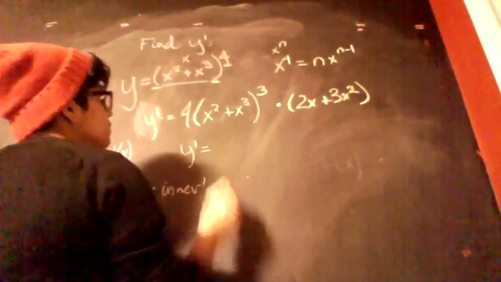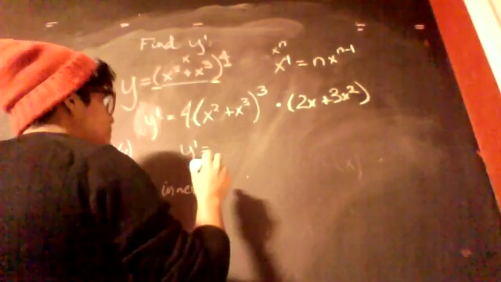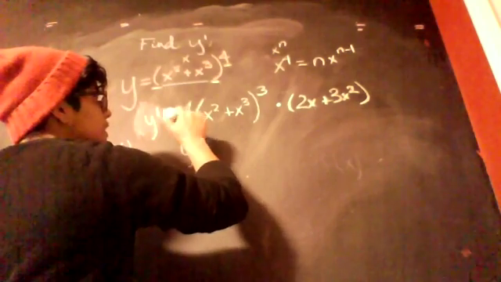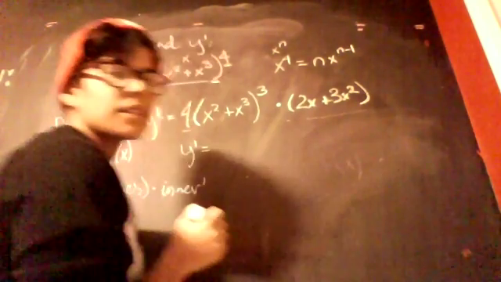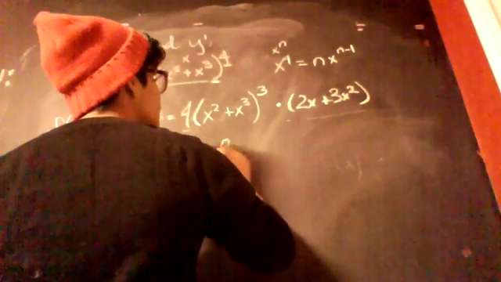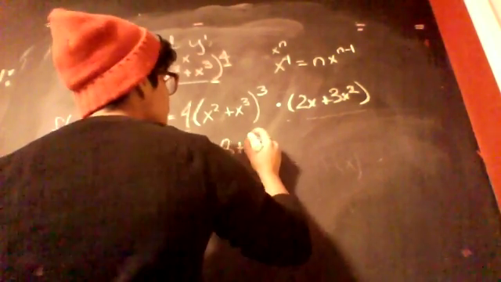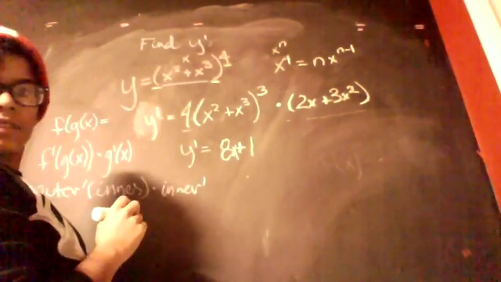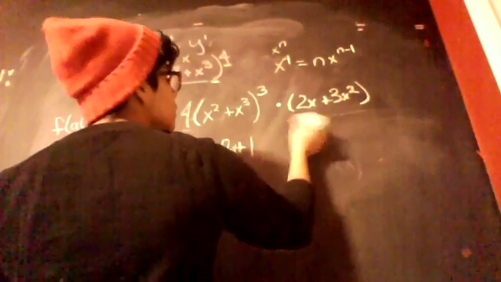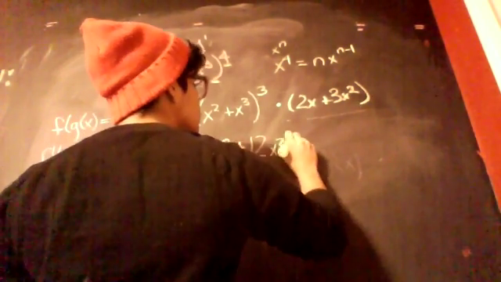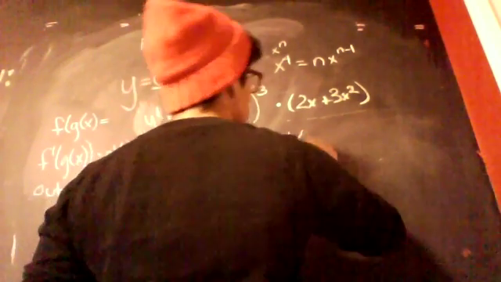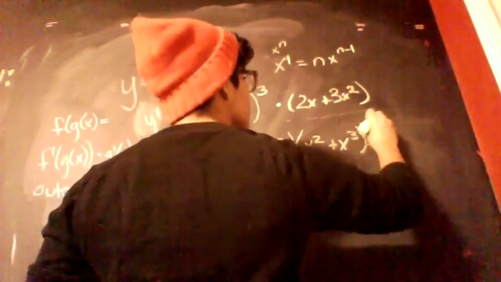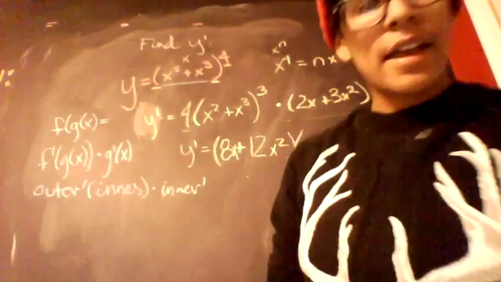Y prime equals, I'm actually going to multiply this 4 by this term to make things easier. So it's going to be 8x plus, oh, that's not an x, that's a plus sign, 8x plus 12x squared times x squared plus x to the third.